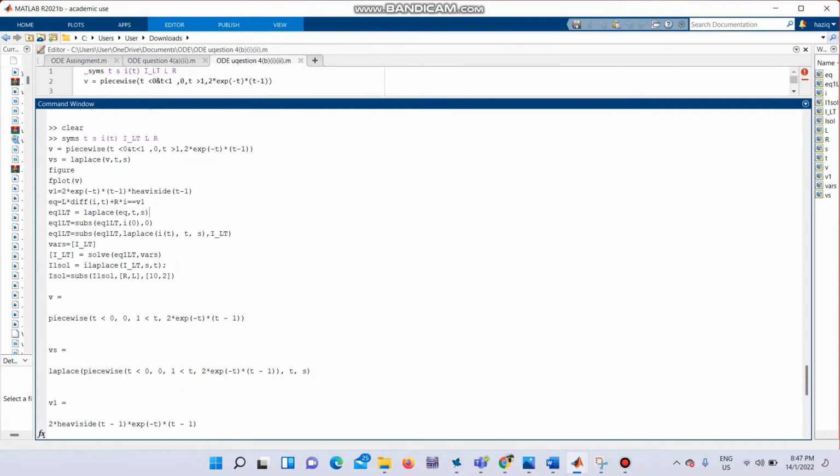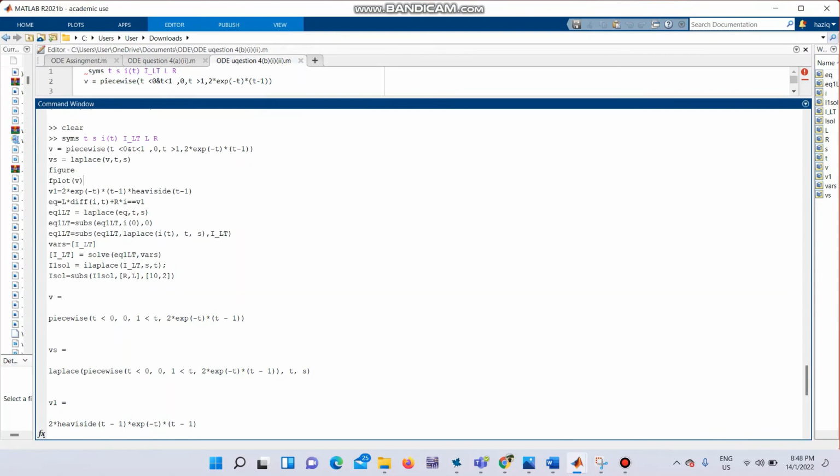Firstly, syms t s I_LT L R. Okay, the next is v equal to piecewise, bracket t less than 0 and t less than 1, 0, t larger than 1, 2 multiply exponent bracket negative t multiply bracket t minus 1. The next is vs equal to laplace bracket v, t and s. And this part is to plot a graph.